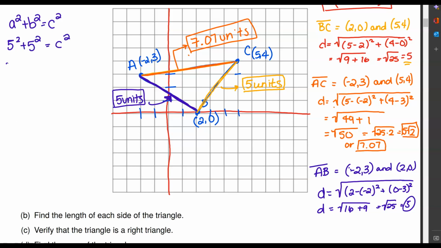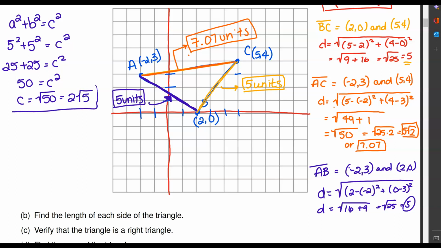Well, 5 squared is 25 plus 25. The question is, does that equal c squared? So this would be 50 equals c squared. So c equals the square root of 50, or 5 root 2. And that is true. So this is in fact a right triangle.